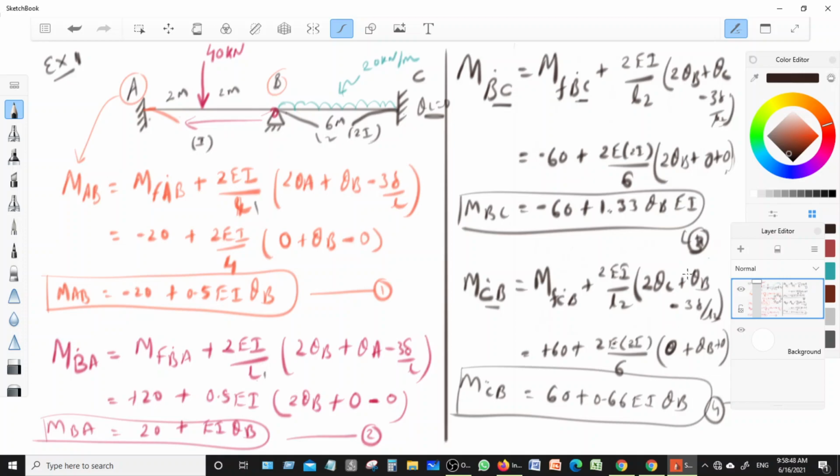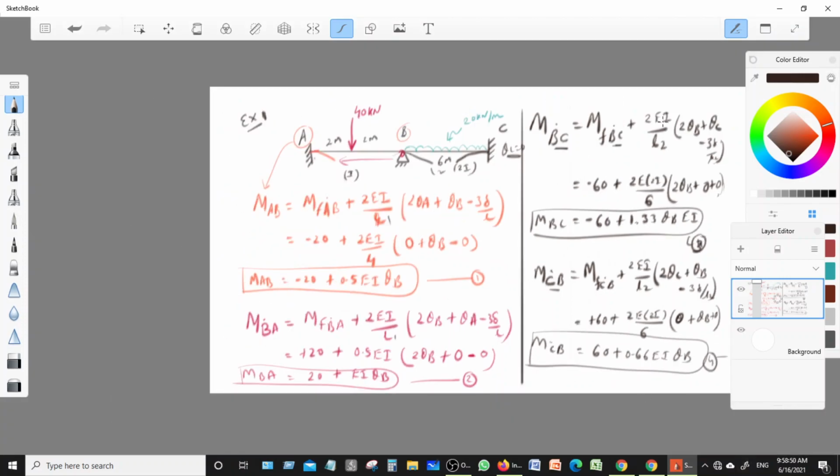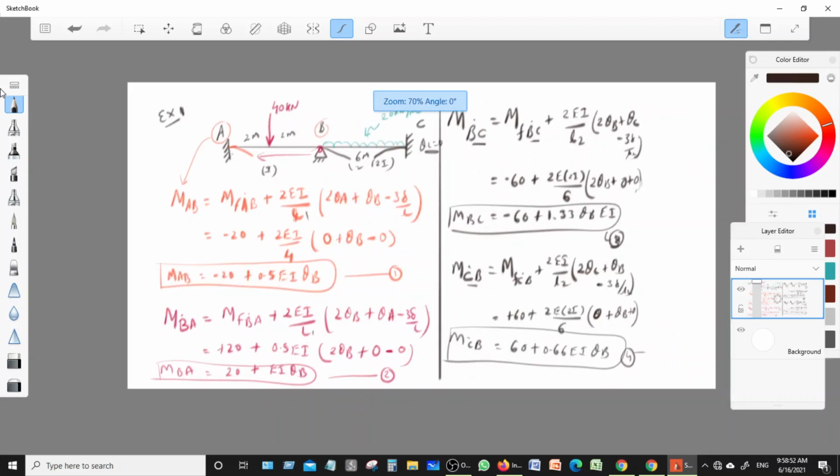So if we just look at the equilibrium, let me write down the equilibrium. What is the equilibrium? In the moment distribution method, at the B support in the previous example, on both sides you have a moment on the left side and a moment on the right side.